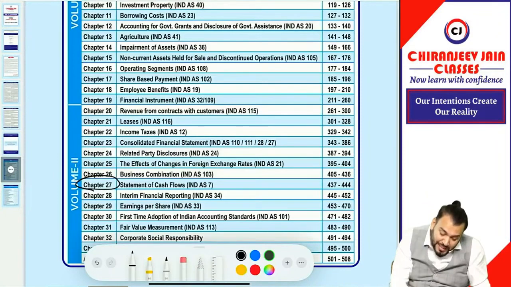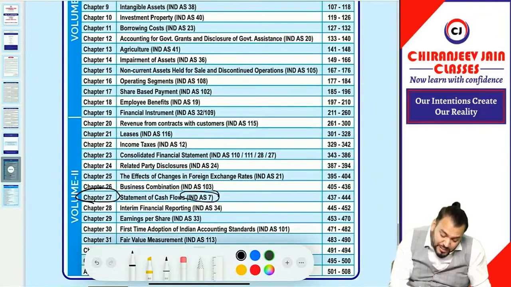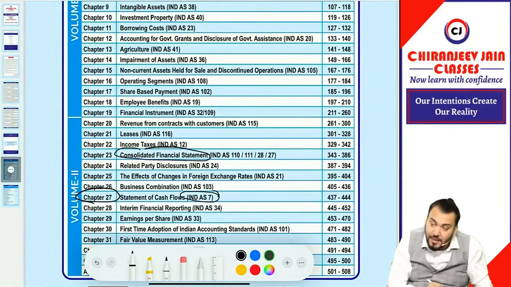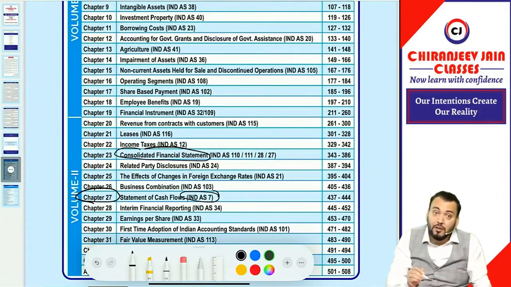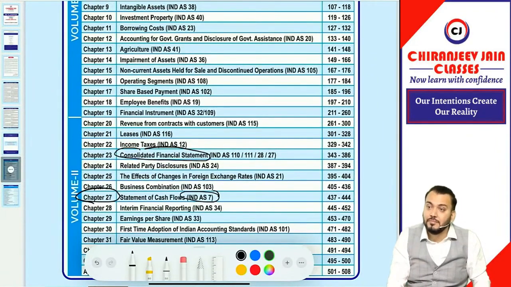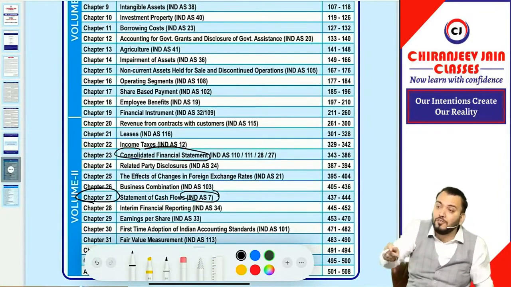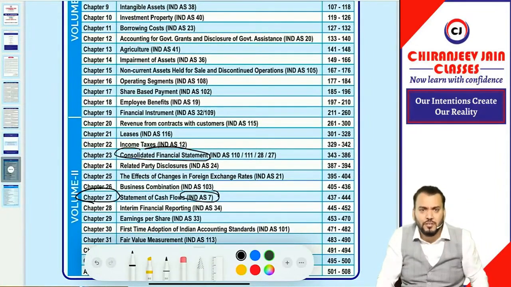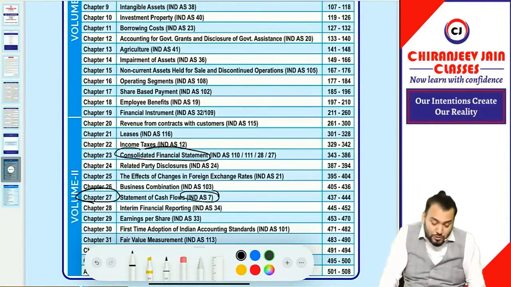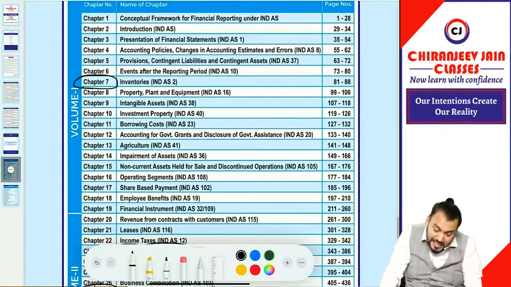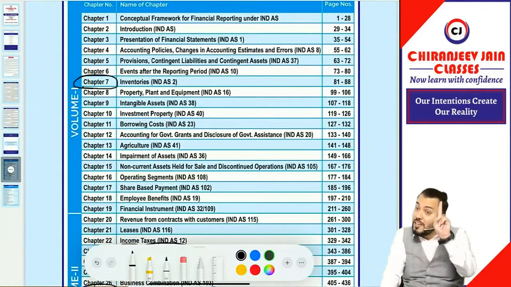To start Ind AS 7, I should first complete which chapter? The consolidation chapter. Then only you can understand Ind AS 7. If you revise Ind AS 7 on your own before the consolidation chapter, a lot of doubt will come. So your revision should be based in this mode only, for first time revision.